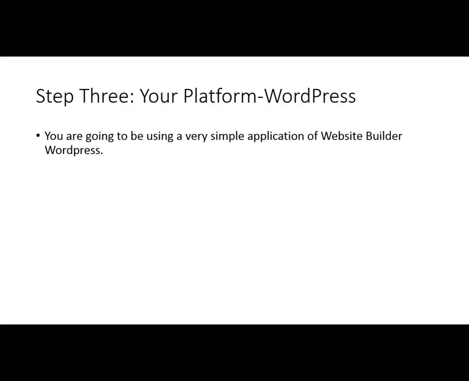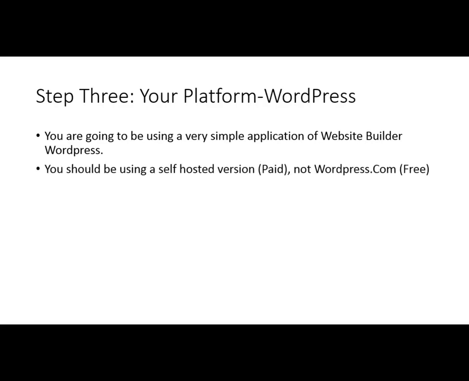Now, one of the things that you'll want to do is make sure that you are using a self-hosted, paid version, not WordPress.com. You want to be using a self-hosted version of WordPress. That is going to require you to spend a little bit of money. You're going to have a domain.